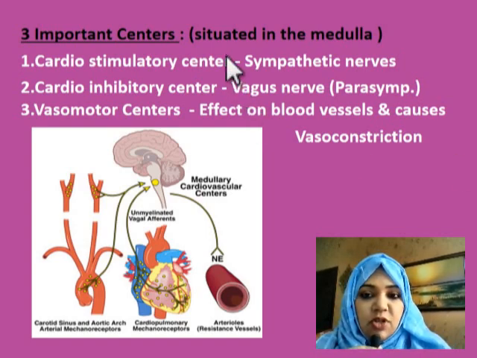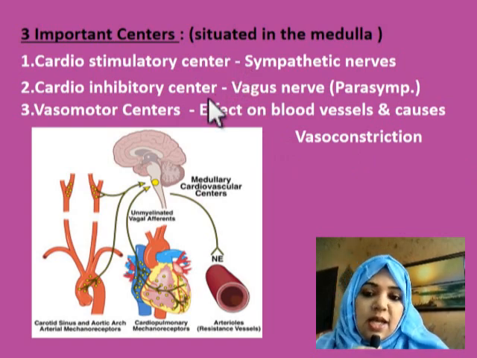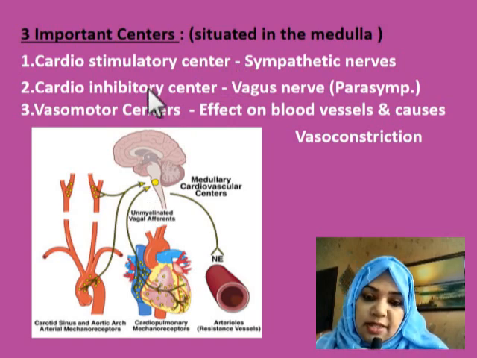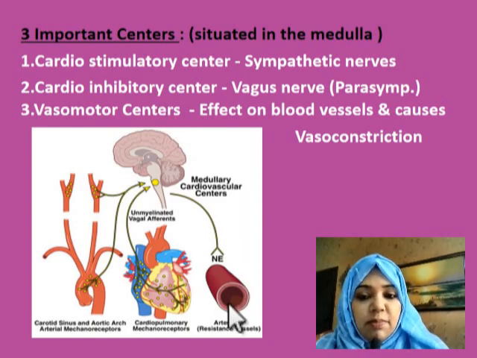When the cardiostimulatory center is stimulated, the sympathetic nerves are stimulated and they increase heart rate, increase the force of contraction. When the cardioinhibitory center is stimulated, they decrease the heart rate, decrease the force of contraction. And vasomotor center, when stimulated, has effect on the blood vessels.